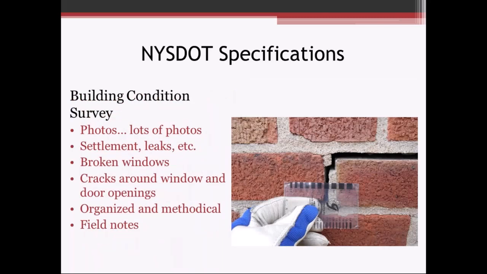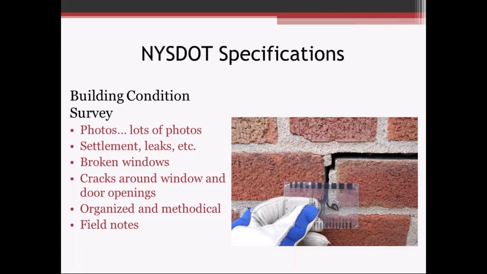Building condition surveys: pictures, lots and lots of pictures. Let the pictures tell the story. Take pictures when you're walking into a room, all around the room, not zooming in on only the bad areas or only those areas where you've got cracks around window or door openings, without having a context of that crack.